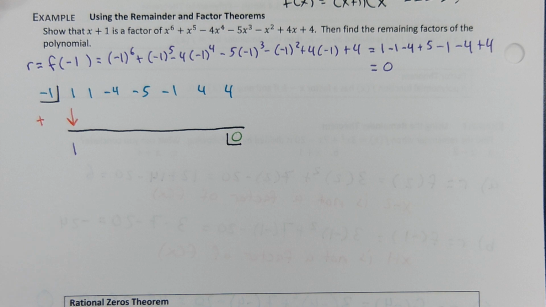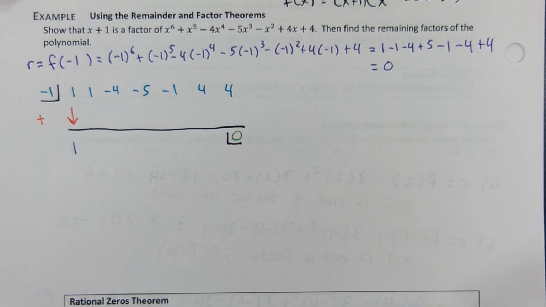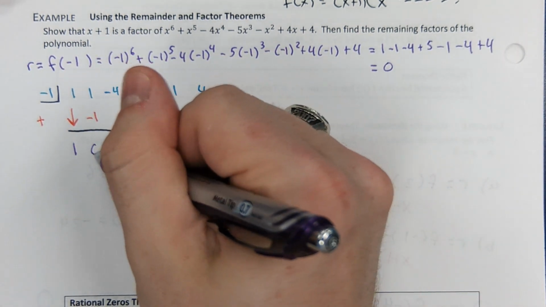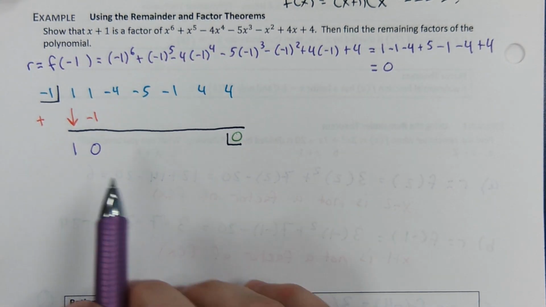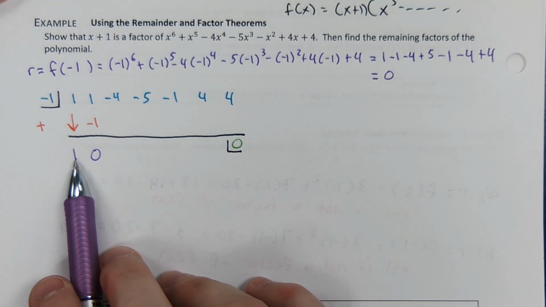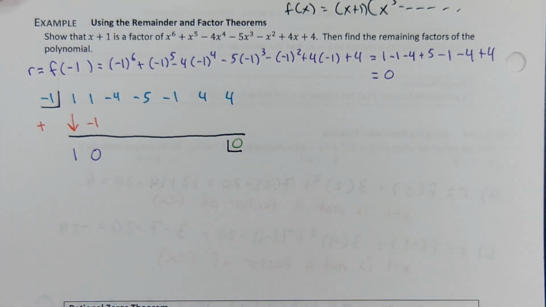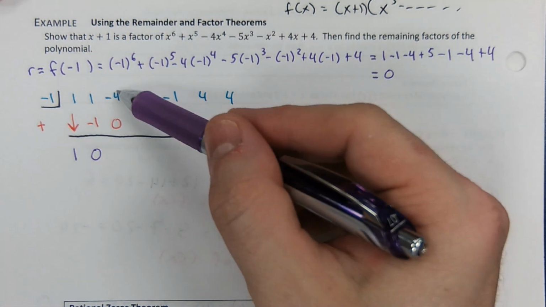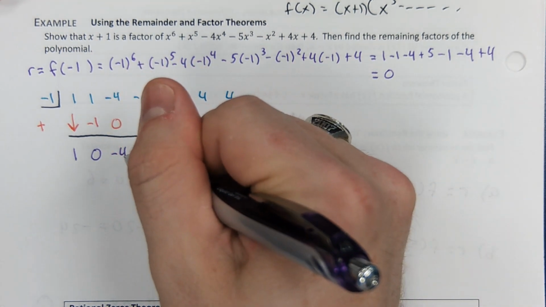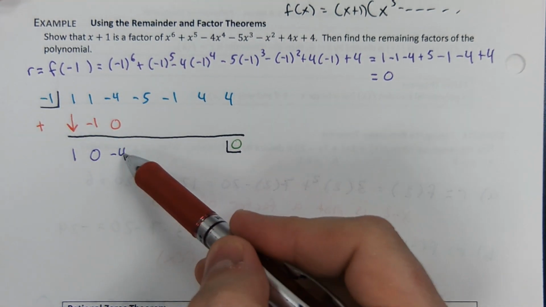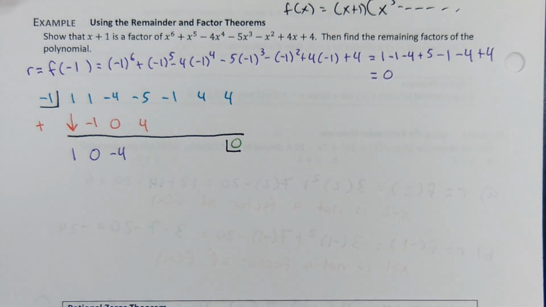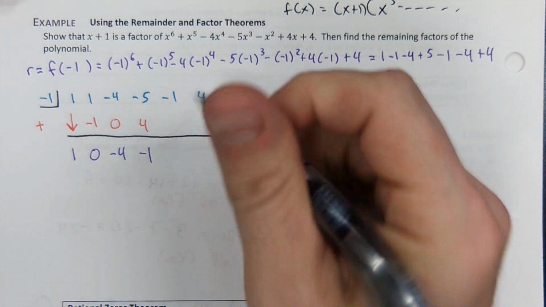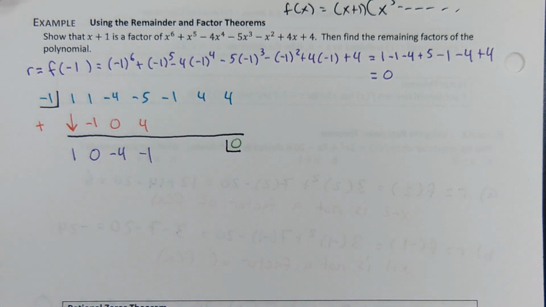Okay. -1 times 1 is -1. 1 plus -1 is 0. Oh, interesting. There is no x to the fourth term. We've already said we know we're going to have an x to the fifth, but there's no x to the fourth. How about that? -1 times 0 is 0. -4 plus 0 is -4. -1 times -4 is +4. -5 plus 4 is -1. -1 times -1 is +1.